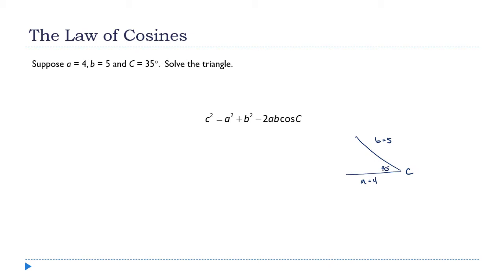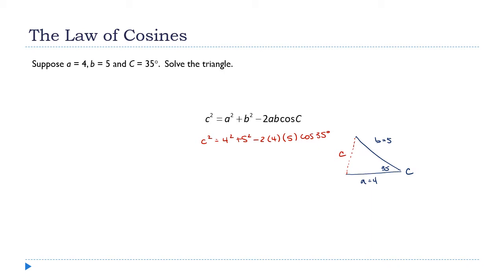Okay, so first, let's just go straight to the formula. Let's use this to find side c. Well, that's just dropping my numbers in. c squared equals 4 squared plus 5 squared minus 2 times 4 times 5 times the cosine of 35 degrees.